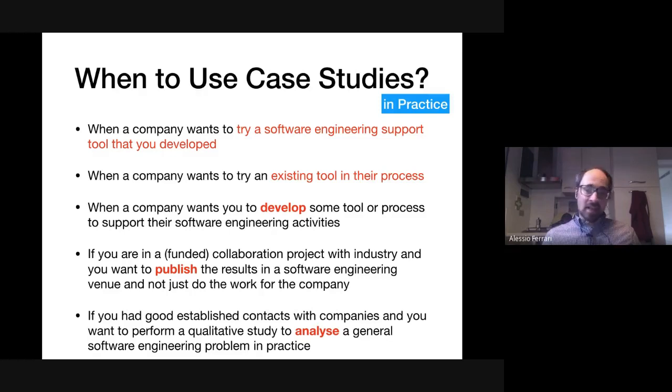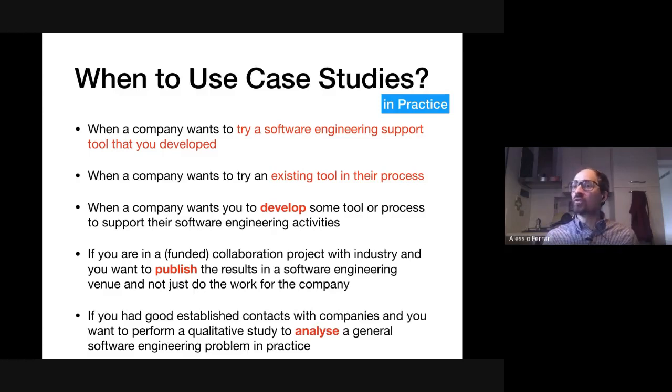Or in other very typical cases, you are funded with a collaboration project, for example, from the European Union or your region with industry, a project that has been set up for technology transfer, for example, and you want to publish the results in a software engineering venue and not just do the work for the company, because this is concretely what happens.